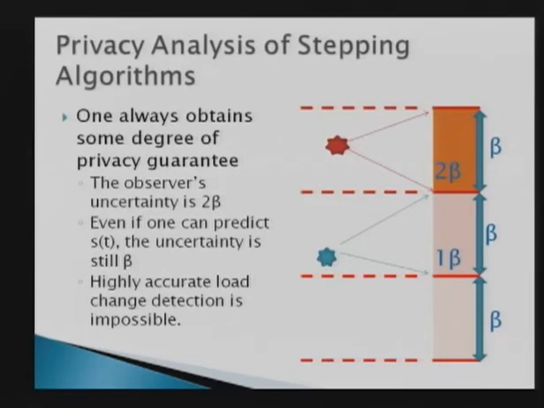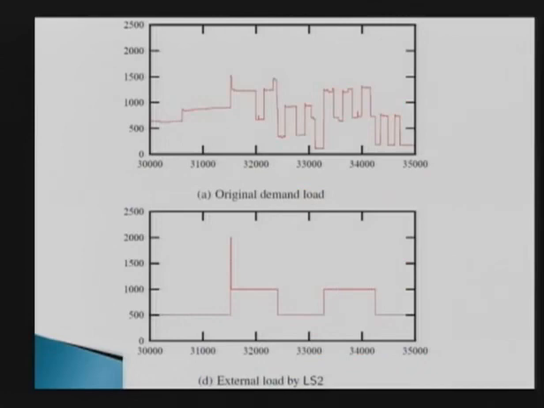So the uncertainty here is still beta. That means we cannot learn the accurate load change event. And here is also an example of our algorithm. You can see the output looks fine, so there's not much information we can know.